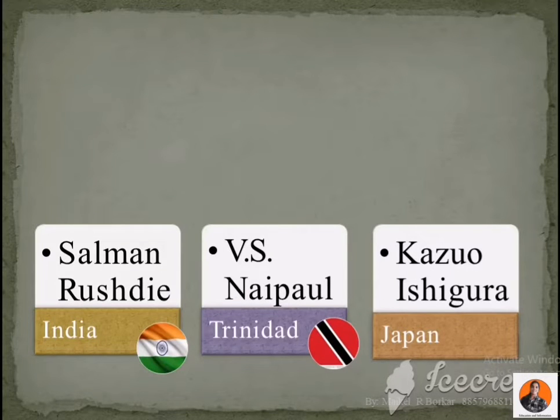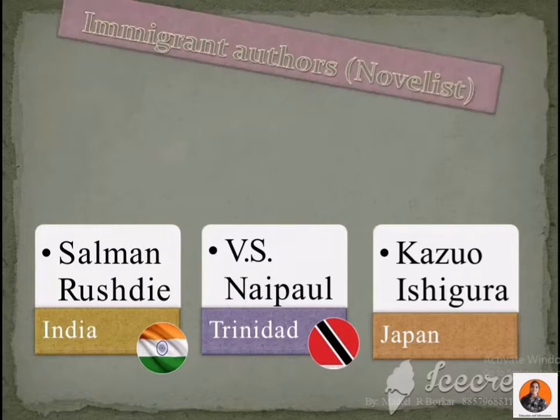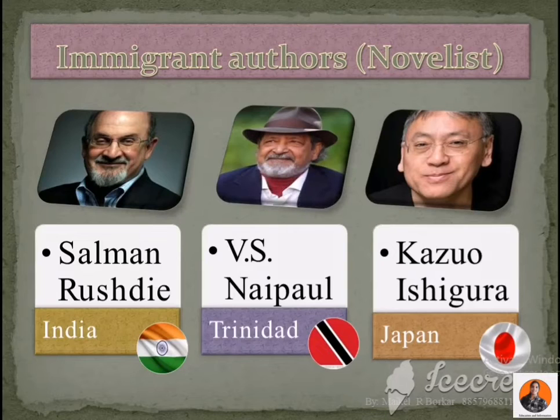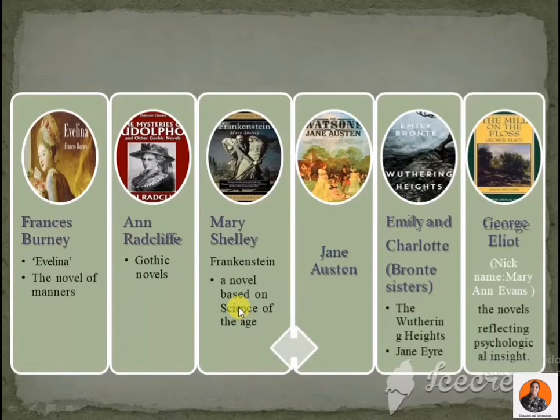And these are three immigrant authors and novelists: Salman Rushdie from India, V.S. Naipaul from Trinidad, and Kazuo Ishiguro from Japan. These novelists also did remarkable work in writing novels.